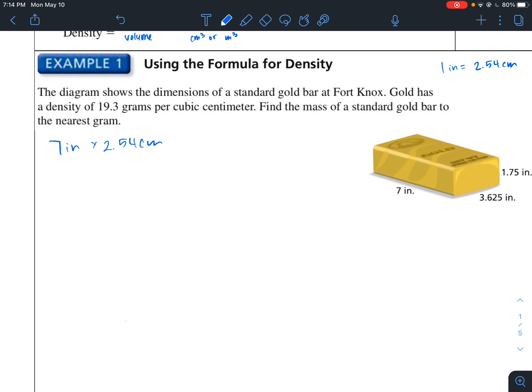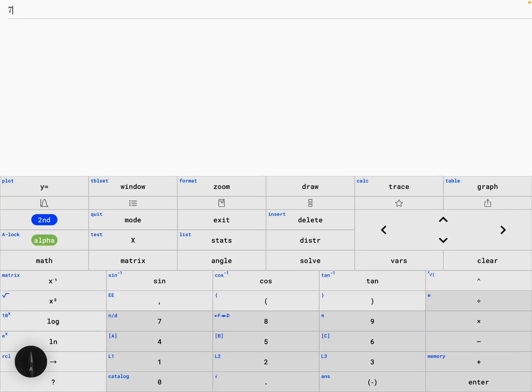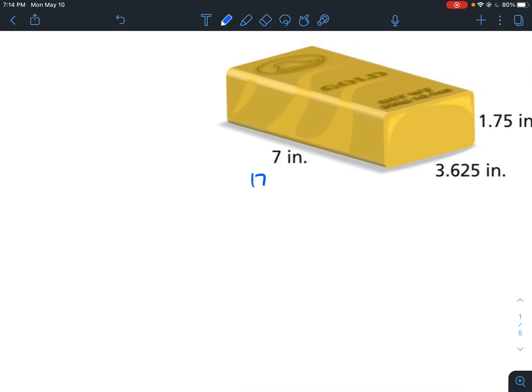So we do 7 times 2.54, and we get about 17.78. So this side length is 17.78 centimeters.